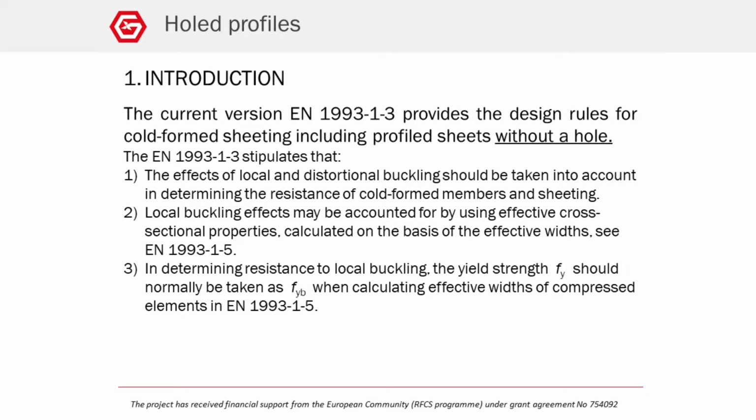In determining resistance to local buckling, the yield strength fy should normally be taken as fyb when calculating effective widths of compressed elements according to Eurocode 3 Part 1-5.